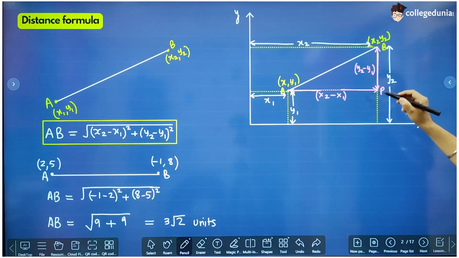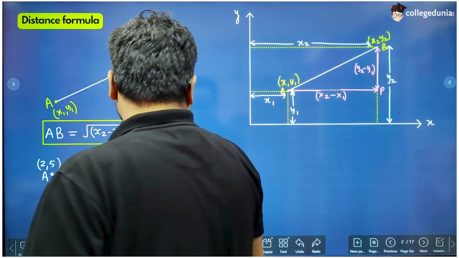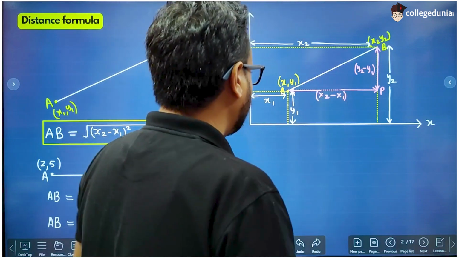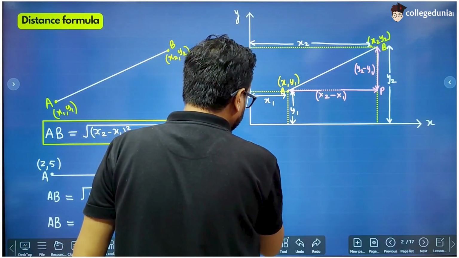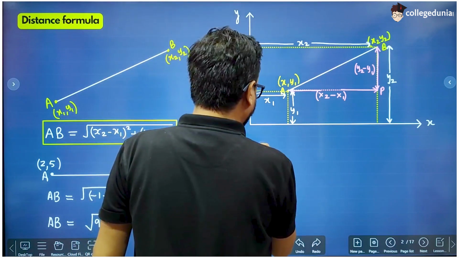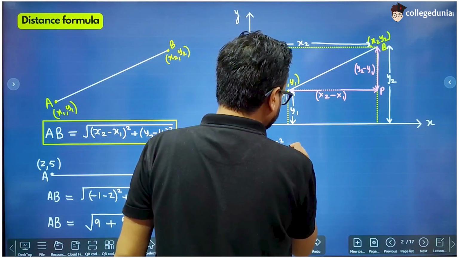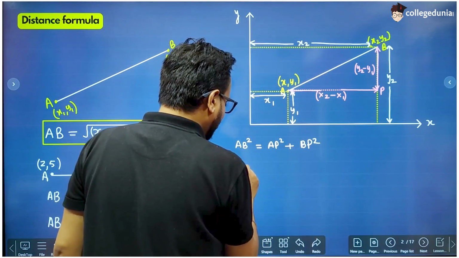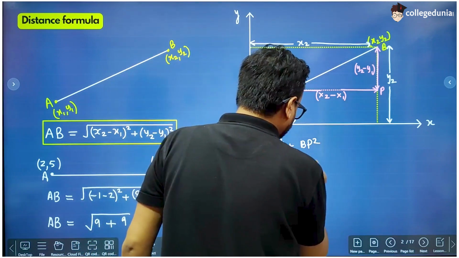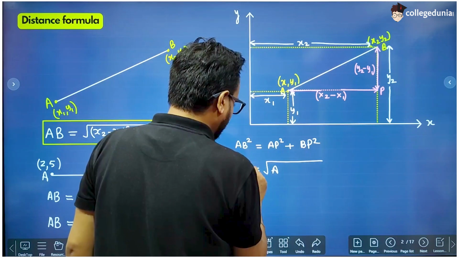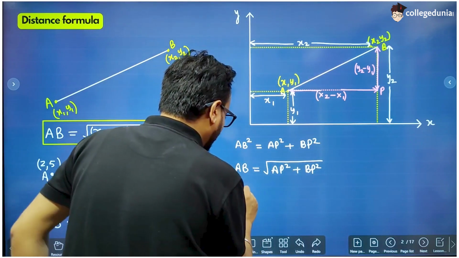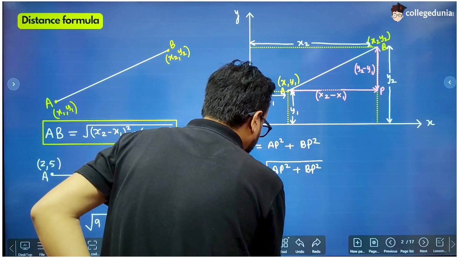Right? So if we take this point P, triangle APB is a right angle triangle, and for right angle triangles we have Pythagoras theorem. So if we apply Pythagoras theorem in right angle triangle APB, we will get AB square equal to AP square plus BP square. So AB is under root AP square plus BP square.